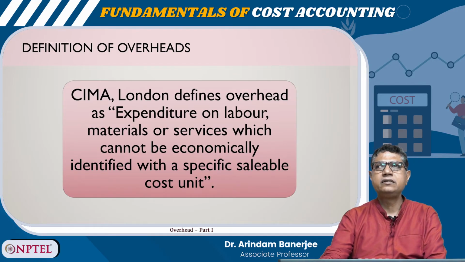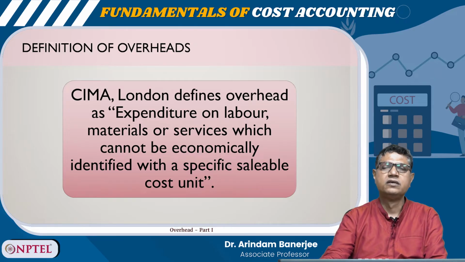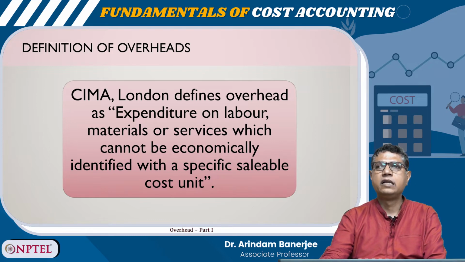According to CIMA London, Chartered Institute of Management Accountants, overhead is the expenditure on labor, materials or services which cannot be economically identified with a specific sellable cost unit. Say for example, in case of a Maruti, the sellable cost unit is the passenger car which they produce.